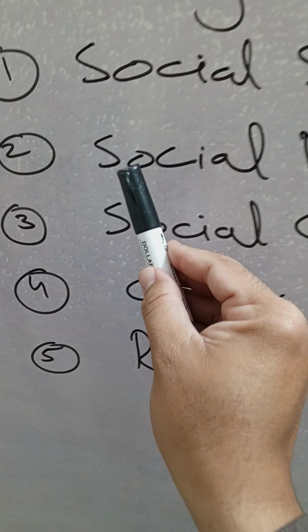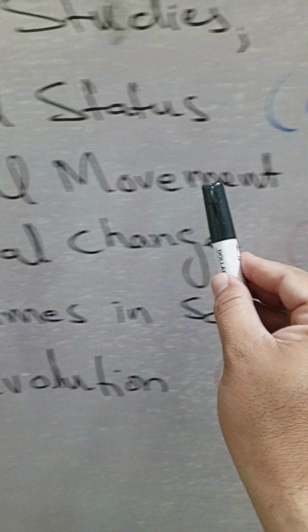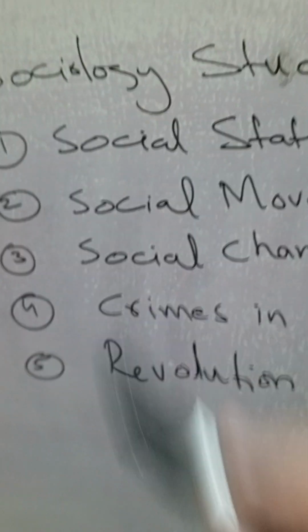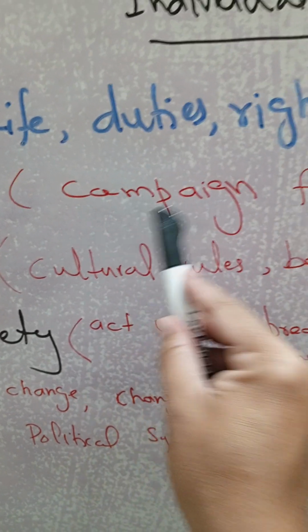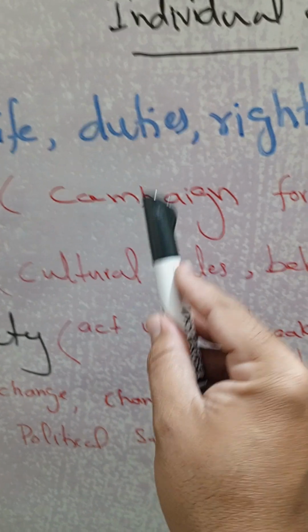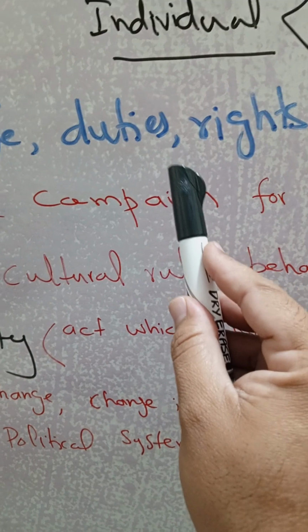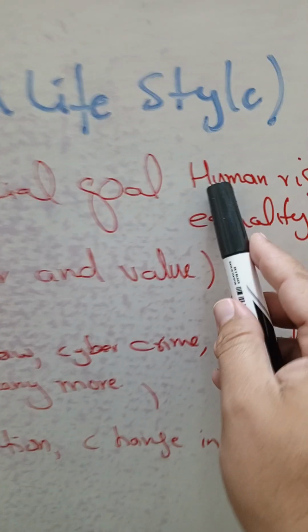The second topic is social movement. What is a social movement? A social movement is basically a campaign organized or run by members of society for social goals, like human rights.